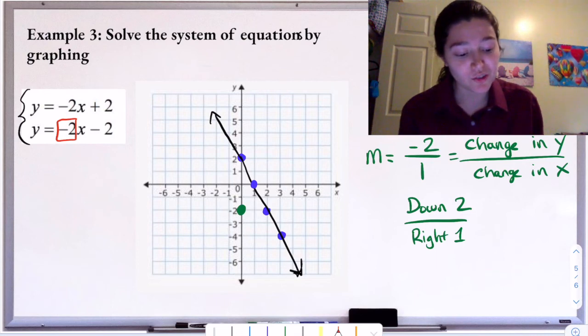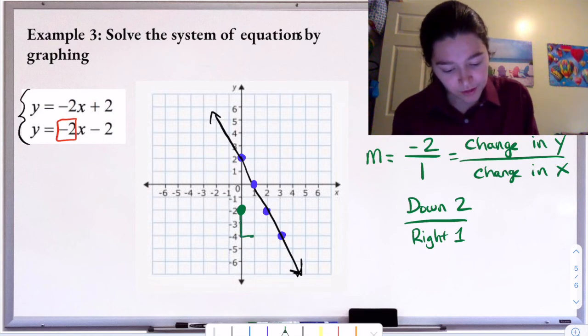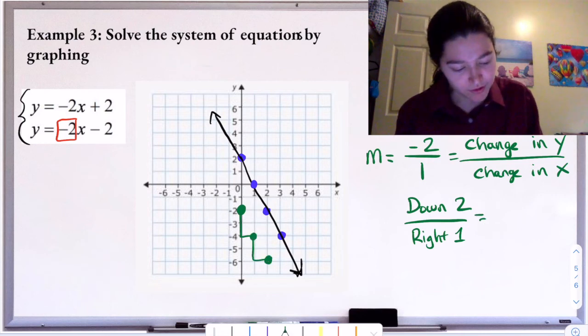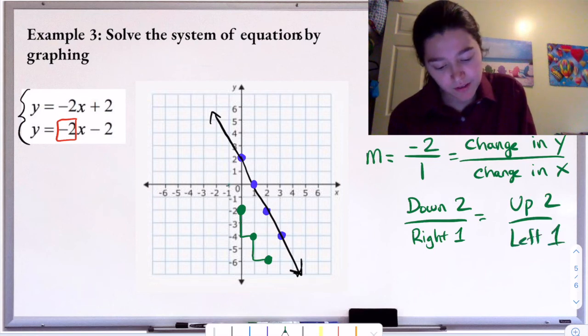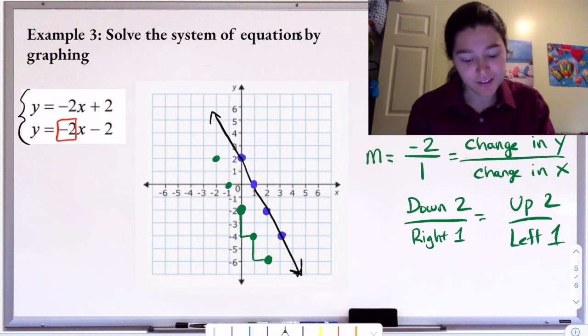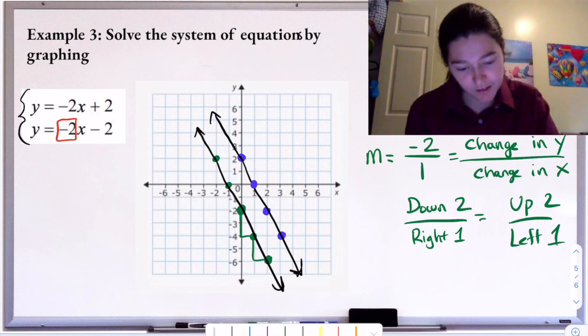So my change in y is negative 2, going down 2, and the change in x is 1, going right 1. Down 2, right 1, down 2, right 1. This is equivalent to going up 2 and left 1, which we talked about when we learned slope. So I could continue in that direction, and I will get this as my second line.